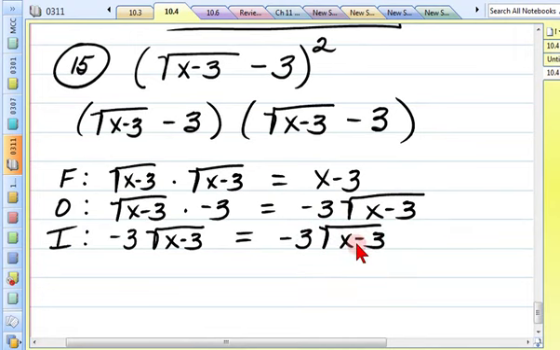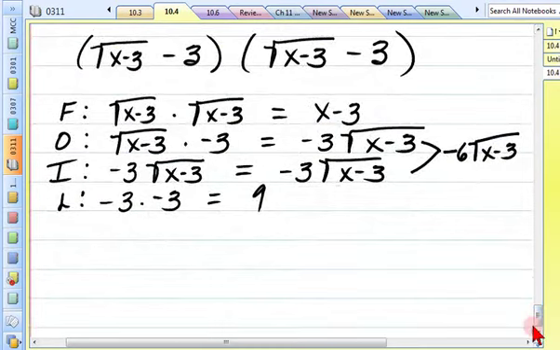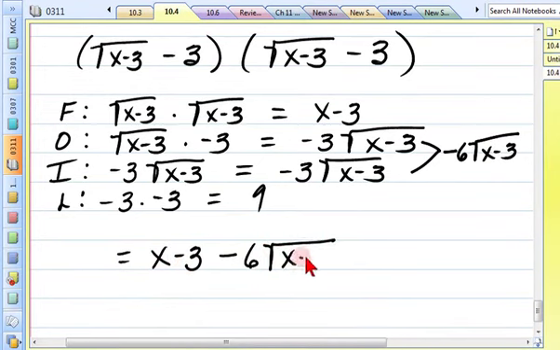Because when you square a binomial, when you multiply something times itself, you end up with outers and inners that are the same. So it's minus 6 times the square root of x minus 3. The last is negative 3 times negative 3, which is 9. So my product is x minus 3 minus 6 times the square root of x minus 3 plus a 9.